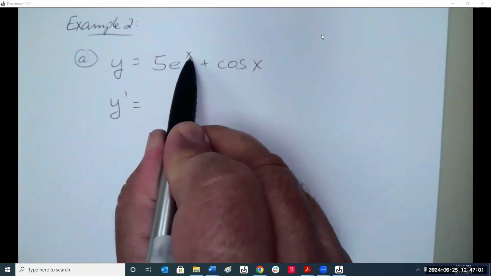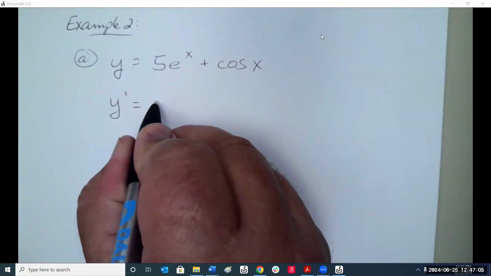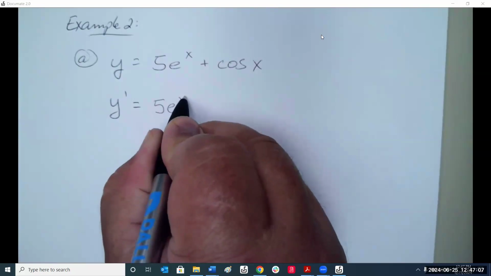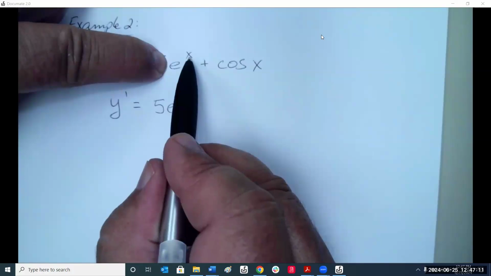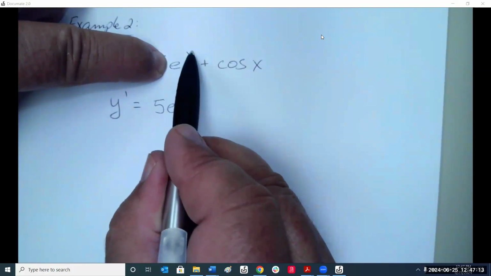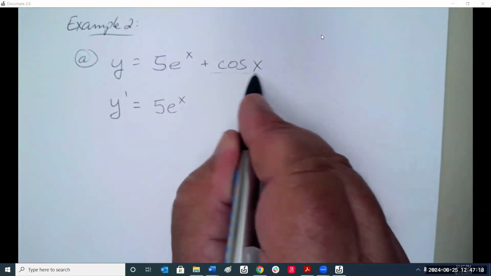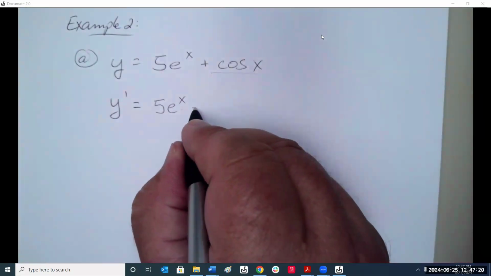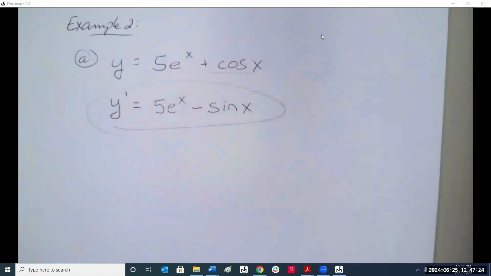So the derivative of 5e to the x is? That's a constant multiple, so leave it alone. Derivative of e to the x is e to the x times the derivative of x, which is e to the x. Derivative of cosine, negative sine. And there's your answer.